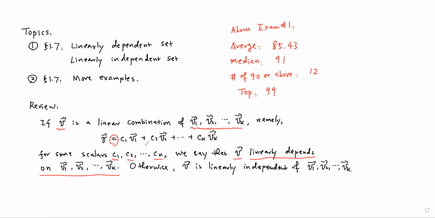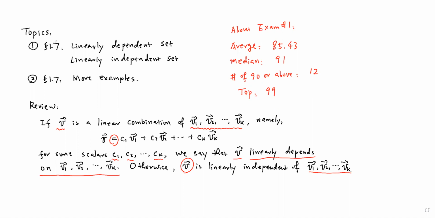Otherwise, if you cannot find scalars so that this equation is true, or if vector v is not a linear combination of these k vectors, then we say that vector v is linearly independent of these k vectors. This is the definition of a vector depending on other vectors. Remember the definition.